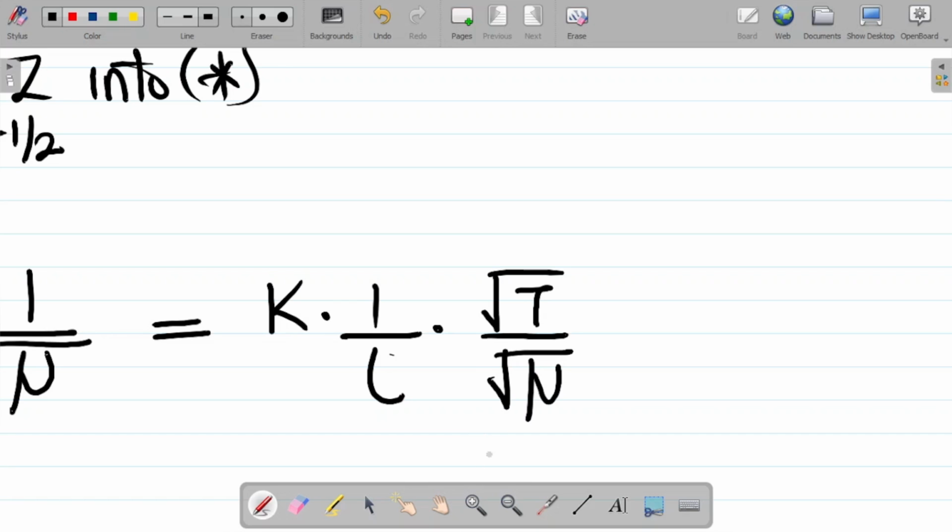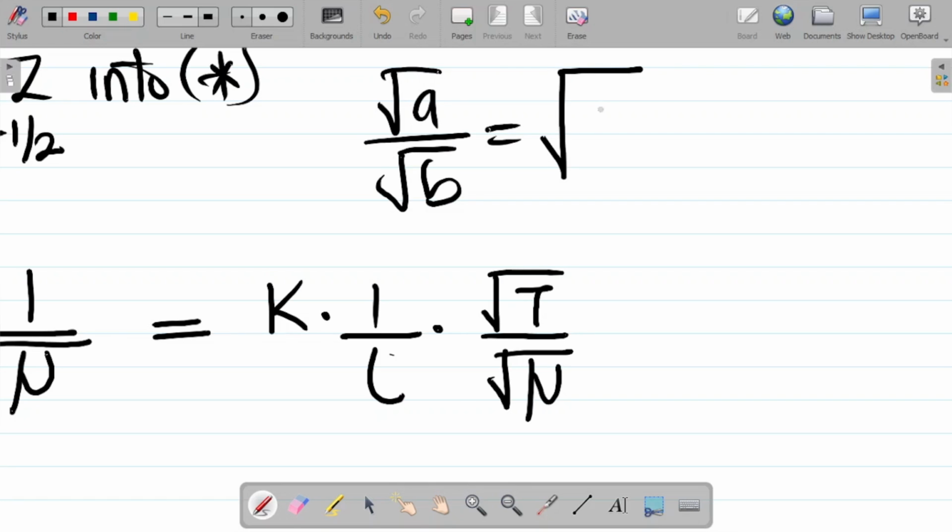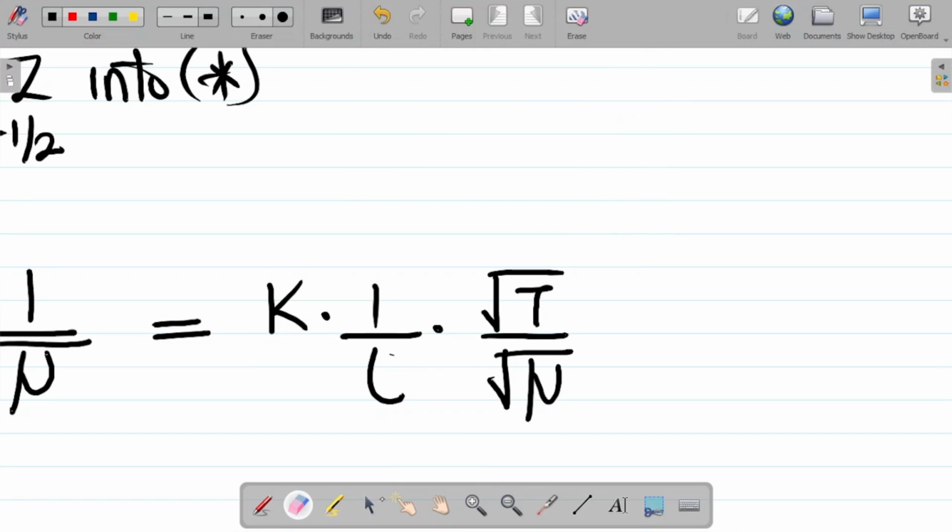Now, in mathematics, if I have root a all over root b, since we have square roots for both numerator and denominator, we can put both of them in the same square root and have a over b. This is mathematically correct. What does that mean? That means we can put both t and mass per unit length under the same square root sign.